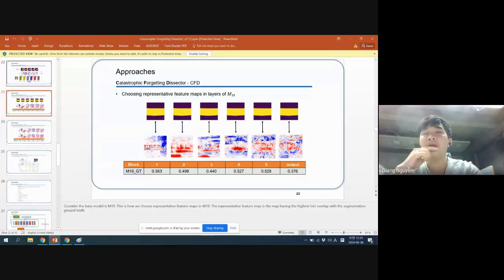For example, in the base model, for example, M19, I compare all the feature maps in block 1 with the ground truth segmentation, and I pick the feature map that has the highest IOU overlap, and so on.